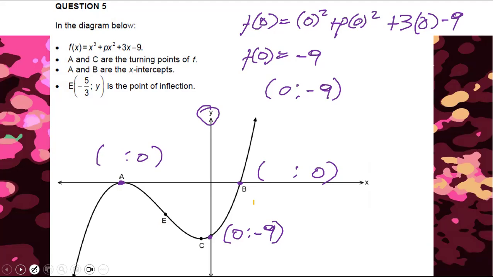So we know that the first derivative will give us the gradient of the tangent line at a specific point. And if that point is a turning point, then the gradient of the tangent line at that point will be 0. That is why when we find the x coordinate of the turning point, we simply equate the first derivative to 0.